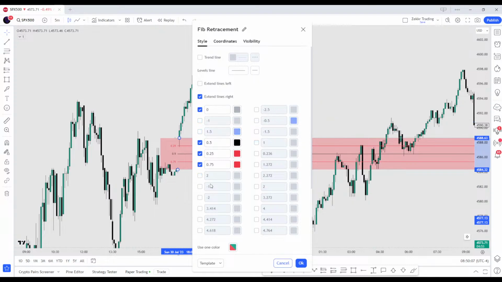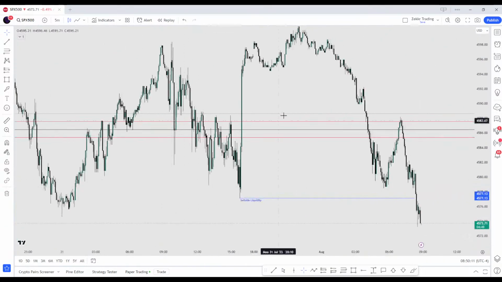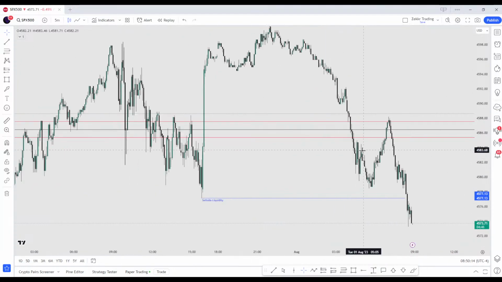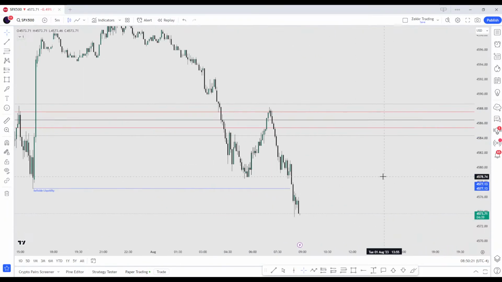So this is a volume imbalance in the daily chart, or new week opening gap, and just so we can see the quadrants from it, we have to keep the 1 level, and this is nice.